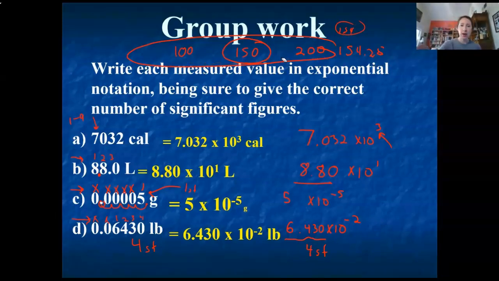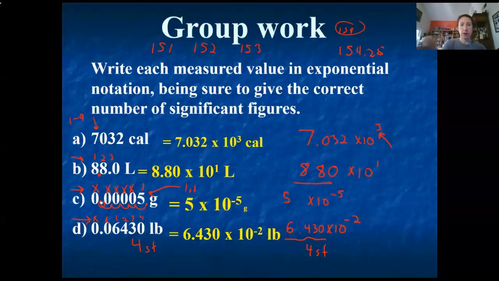So let's say you had a scale, and we're going to change our scale. Let's say it only went to 1s: 151, 152, 153, 154, 155. So let's say it told you that you weigh 154 pounds, and you're like, I do weigh 154 pounds, but let's say you actually weigh 154.25 pounds.